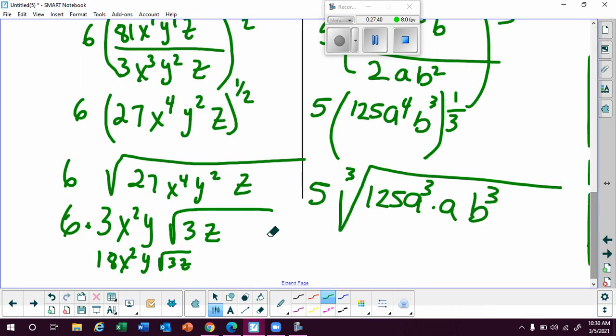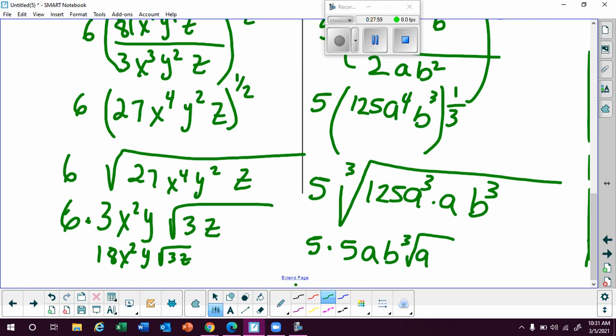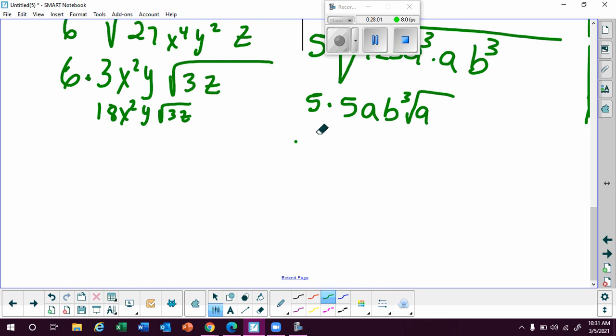So 125 comes out as 5. I think this is the one we did in class. A cubed comes out as 1a. B cubed comes out as 1b. But what is left is a. A is inside. But I have to multiply my 5 times 5, right? 5 times 5 is 25. A, b cubed, and then the cube root of a.